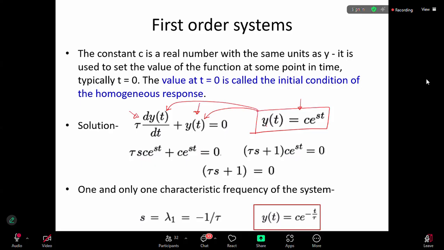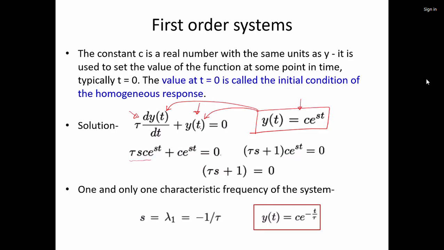If you take the derivative of y, dy over dt, you will have c into s into e to the power st. So this is the first term. Then the second term is just c e to the power st, which is equal to 0. Now if you take c e to the power st common outside the bracket, inside the bracket you will have tau s plus 1.